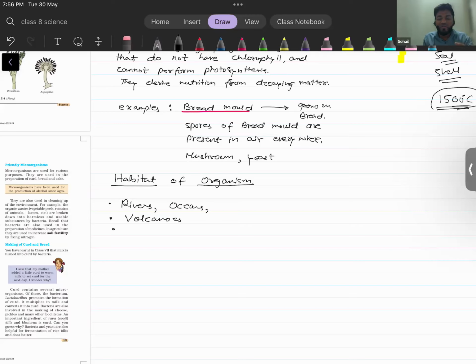They have been found living in ice also. Imagine, they can survive inside ice, and in salty water also. Some microorganisms are found living in deserts, in desert soil also.